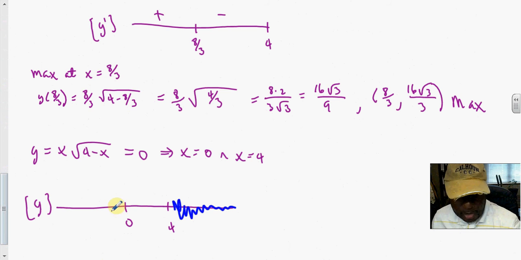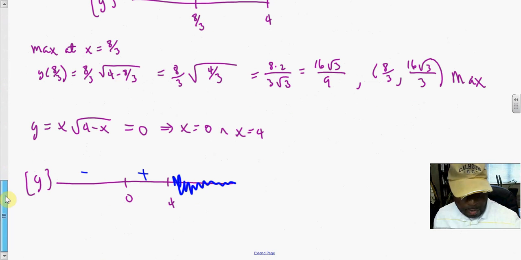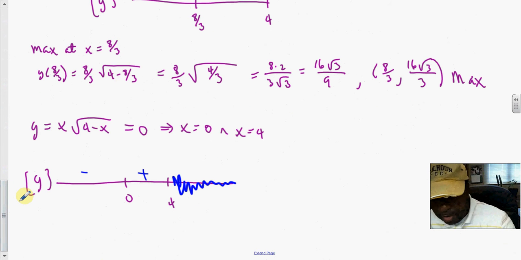Take a number less than 0, plug it here, like negative there, and this is always positive, so this is negative. Take a number from 0 to 4, let's plug it in there, and we're going to get positive here, positive there, right? So I think we're ready to graph. Don't forget about the maximum that we have there as well.